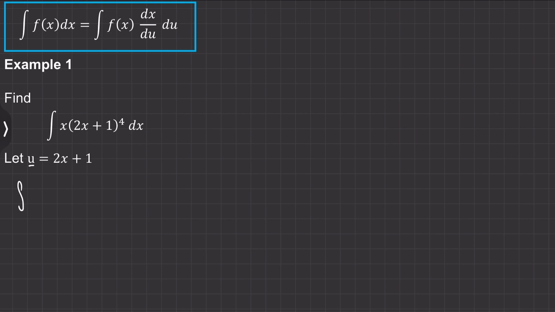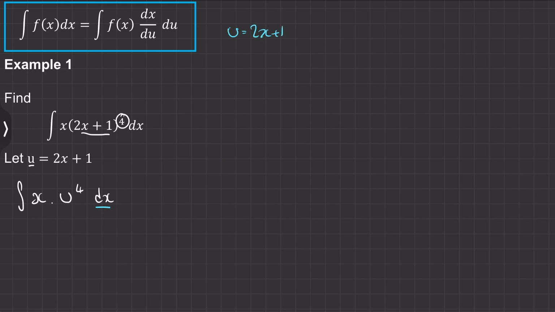So we have the integral of x multiplied by 2x plus 1, which is u, to the power of 4, and then dx. But now we have a mixture of x and u's. So we need to write this x and dx in terms of u. Well, we can begin with dx. We know that u is equal to 2x plus 1.